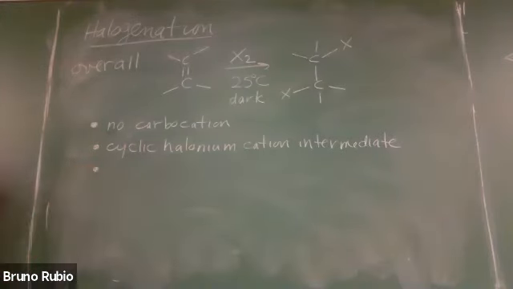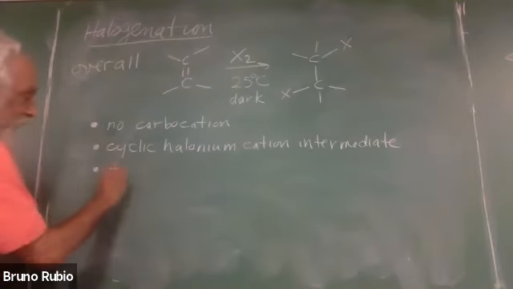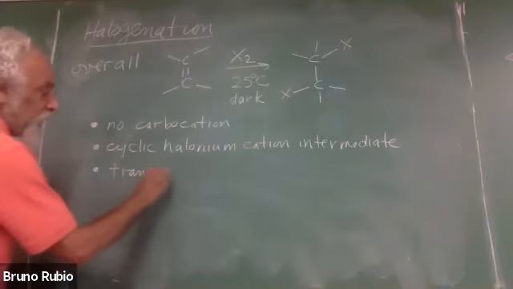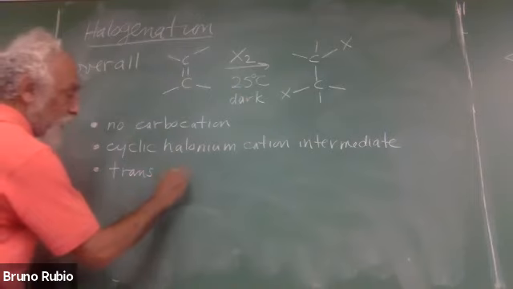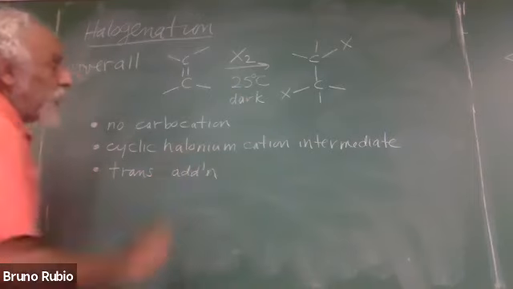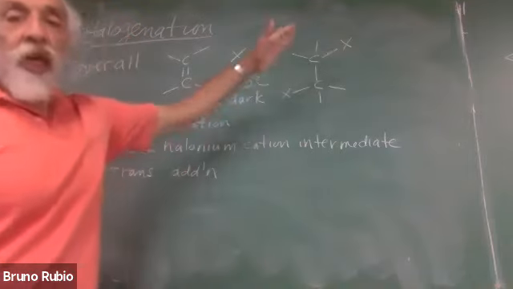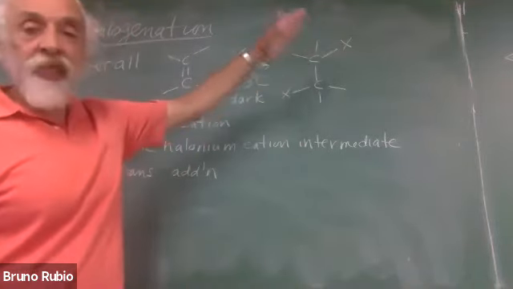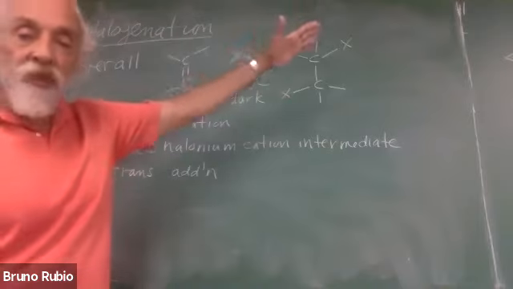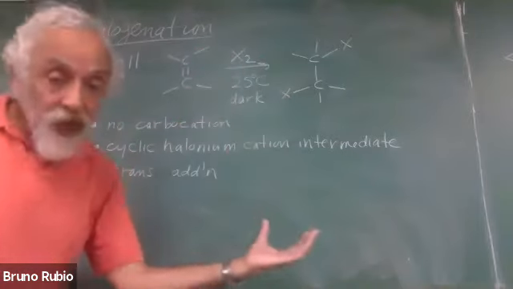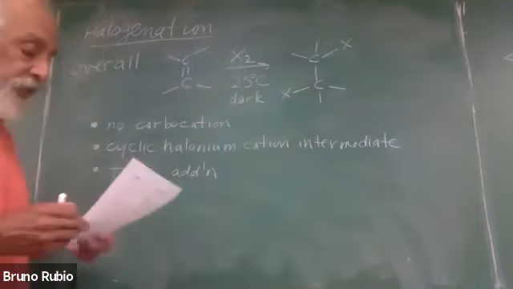Another characteristic of this reaction, more bullet points for the reaction, it's a trans addition. In other words, say if I'm dealing with a ring, one of these x's will be above, the other x will be below. It's a trans addition.